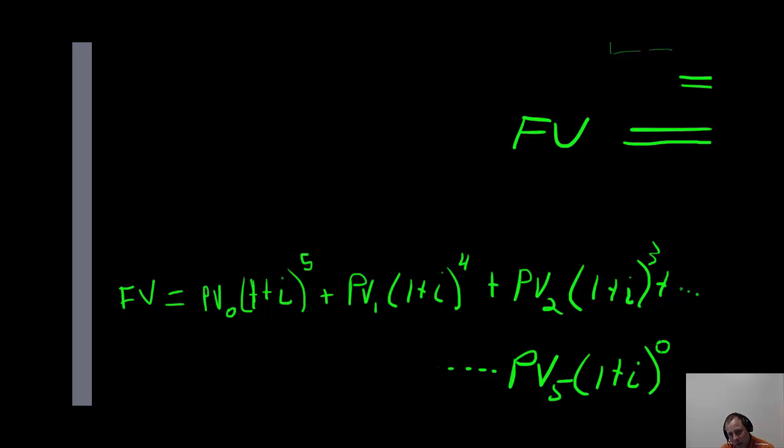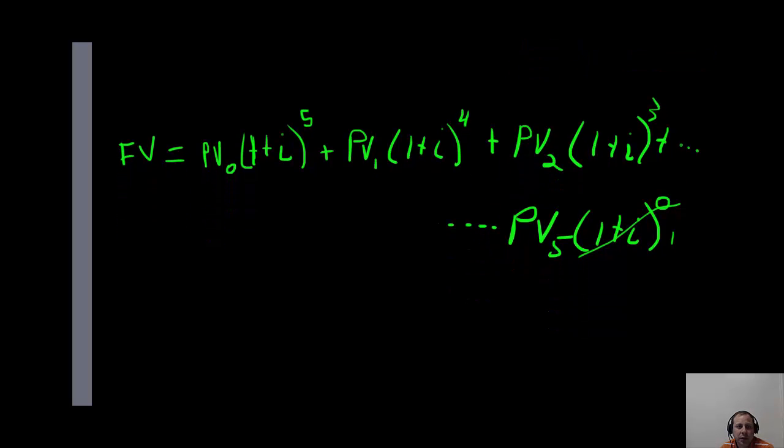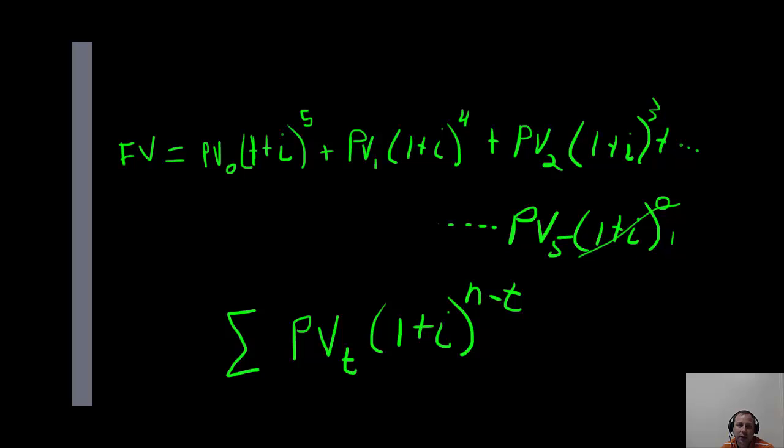I'm writing down 0 here to show you that we go all the way to the end of the period, but every time you have anything to the 0, this is just going to turn into the number 1, and it converts down. It makes it real simple. At the very end of the day, we have a summation equation that looks something like present value of time t times 1 plus I, whatever the interest rate is, to the n minus t.